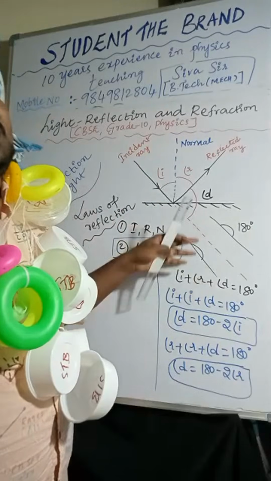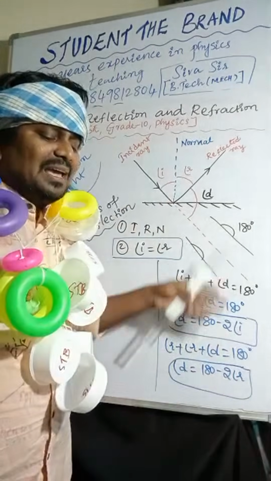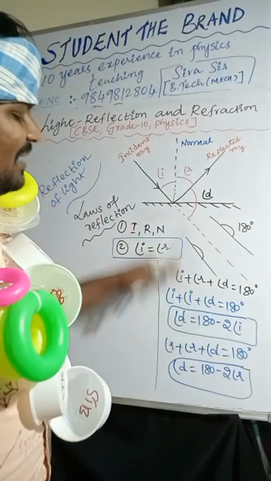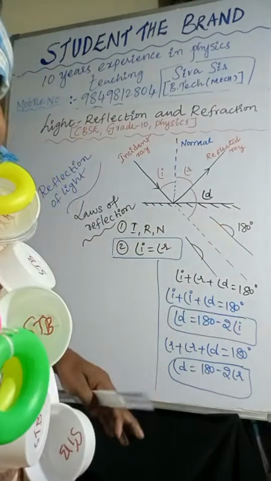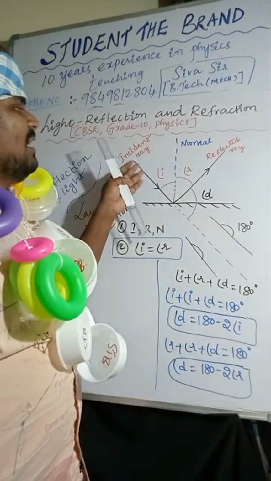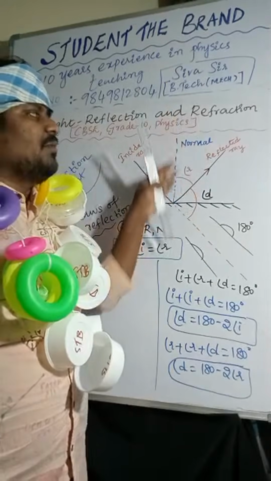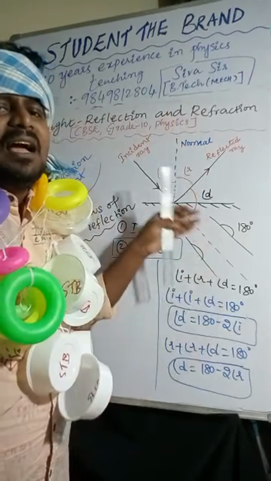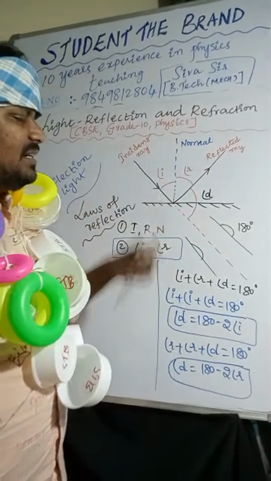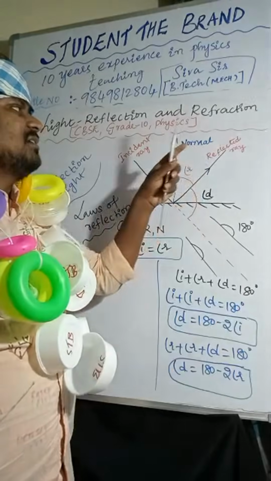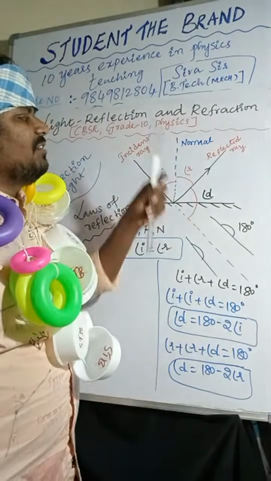Laws of reflection and the angle of deviation. The angle between the incident ray and the normal line is called the angle of incidence. The angle between the reflected ray and the normal line is called the angle of reflection.